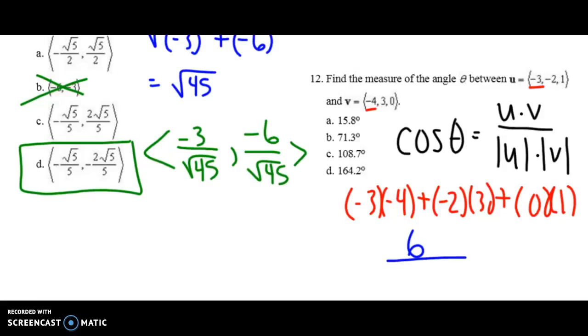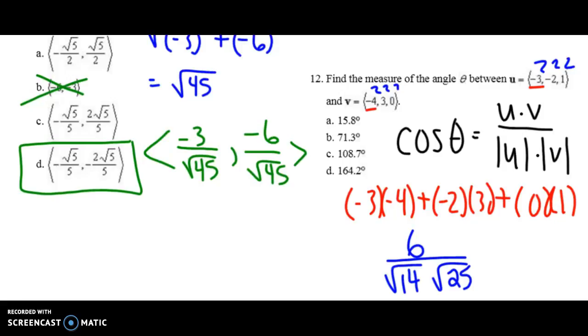Over the magnitude of U, which would be this squared plus this squared plus this squared, the square root of it. So it would be the square root of 9 plus 4 is 13 plus 1 is 14, times the square root of that squared and that squared. So 16 and 9 would be 25, which is just 5.